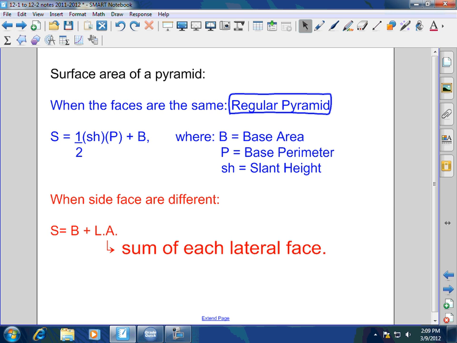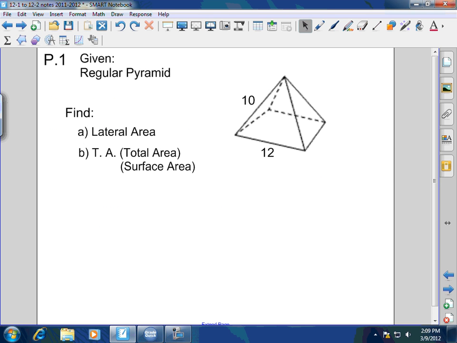It's pretty cool. Now you would not have to cut the pyramid. You wouldn't have to climb it either. When we do trigonometry, I'm going to show you by just looking at something and looking up or down, you can find the height by using angles. But we'll get to that in trigonometry. Okay, now, let's do some examples.